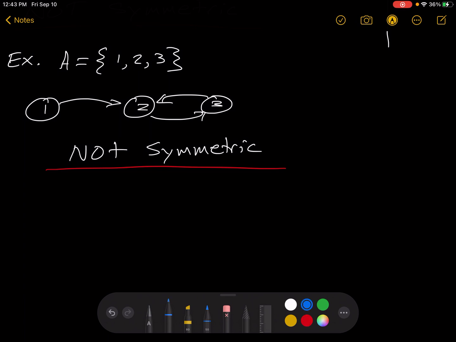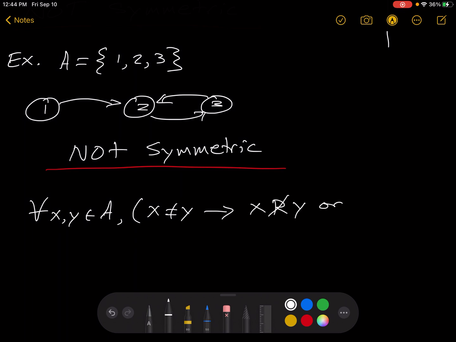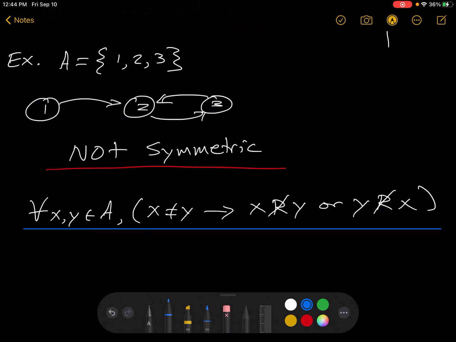Now remember our definition of antisymmetric. That was underlined in blue above.